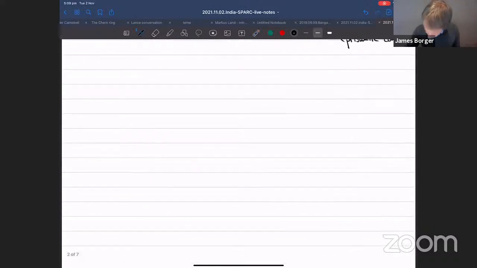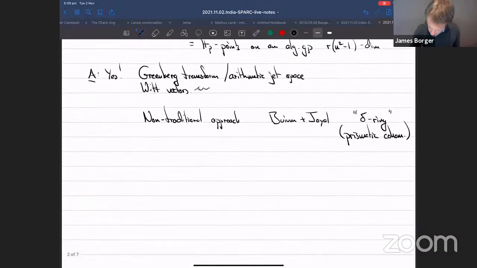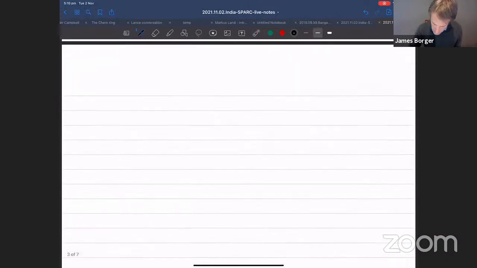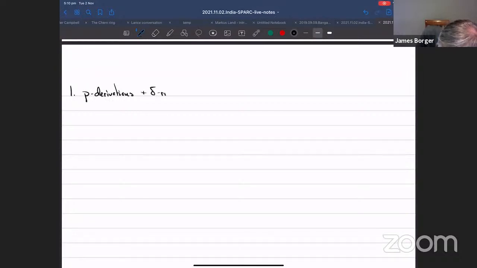Okay, maybe I'll go to another page here. Okay, so now we can begin the main part. The first section is on what are called p-derivations and delta rings.